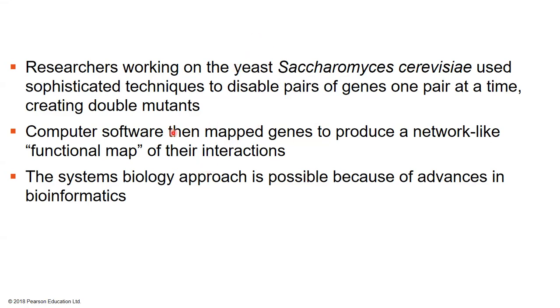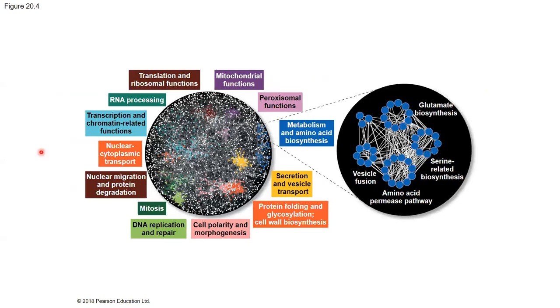So a computer software produced a network-like functional map. Functional map means this is a map that will show which genes interact with which genes. And this is the result of the study.